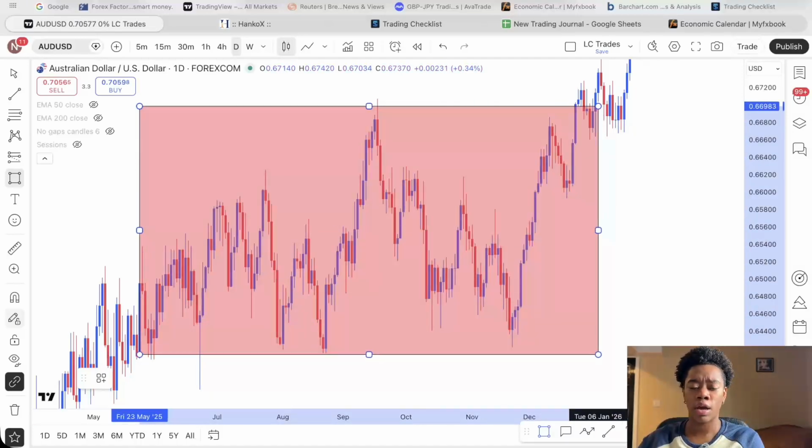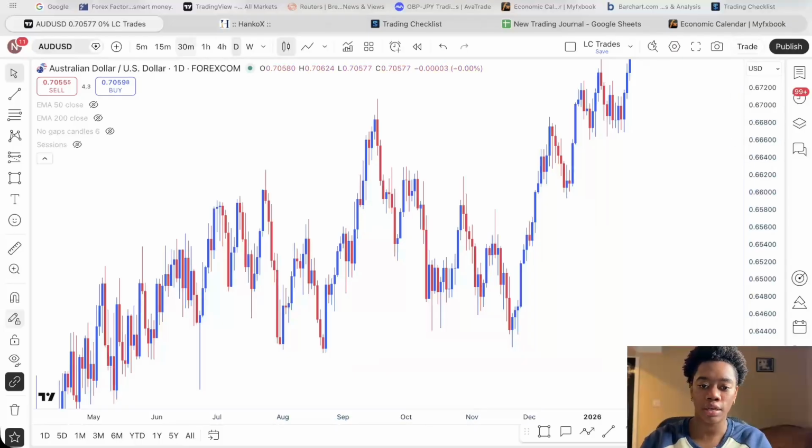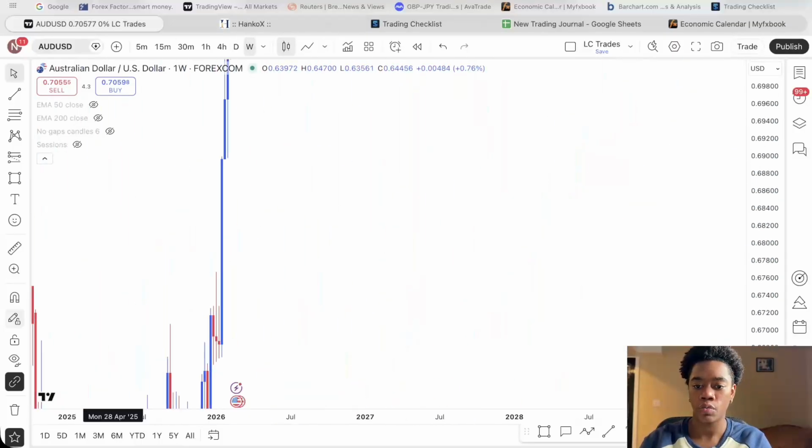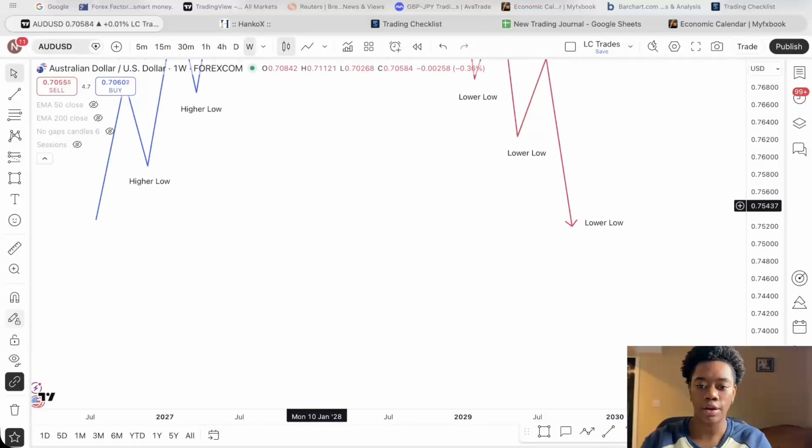I want to see the higher highs and the higher lows specifically. That's when it gets important, because as you mark this up, you can practice and you should be practicing, but what really matters is understanding it first, understanding why we're even talking about higher highs and higher lows.